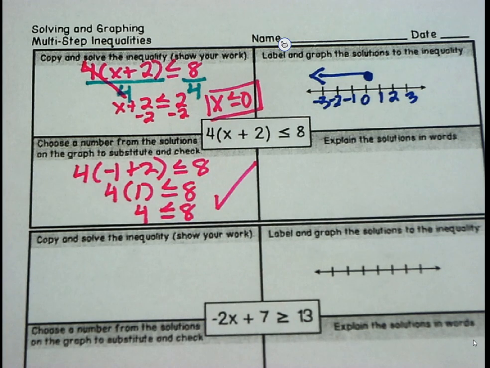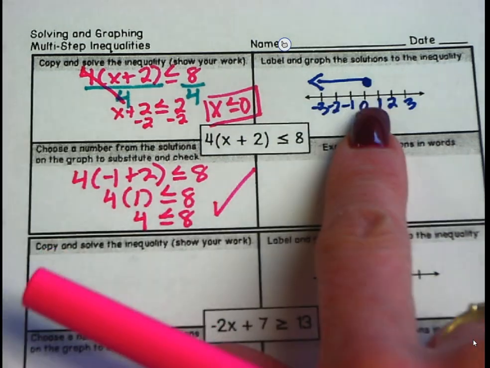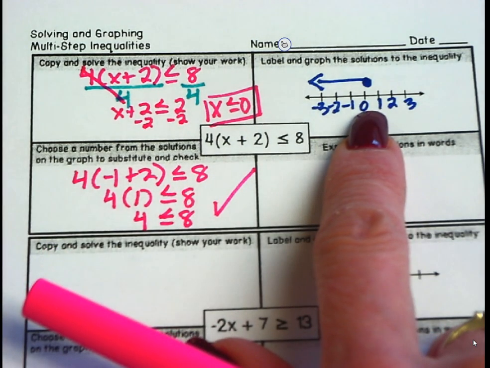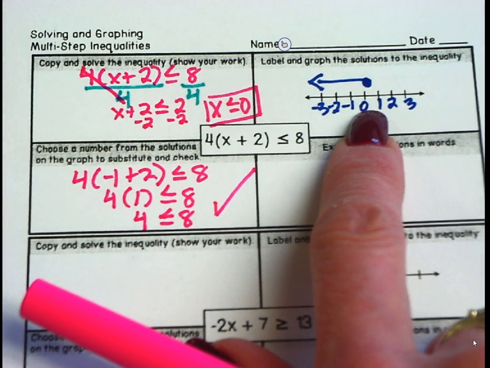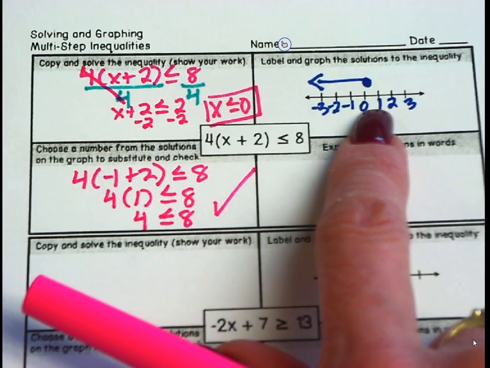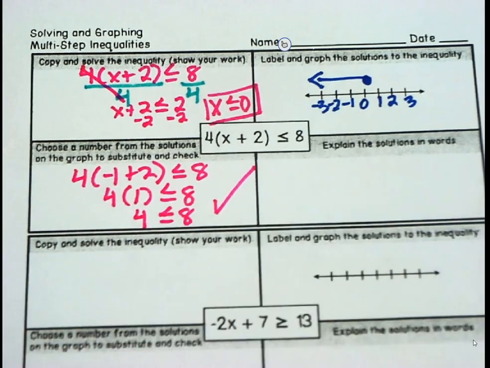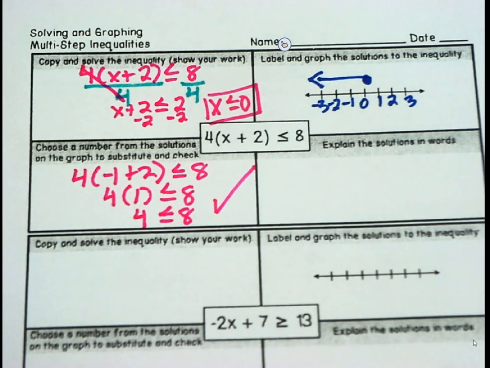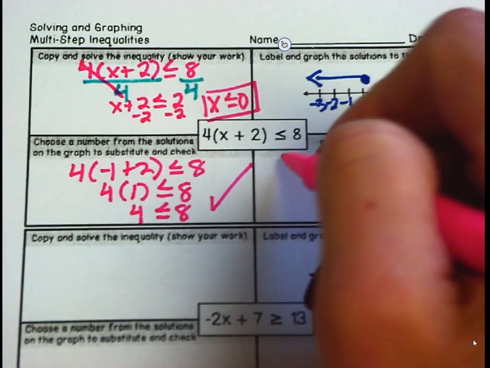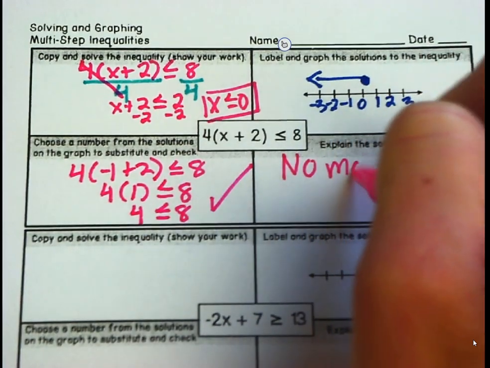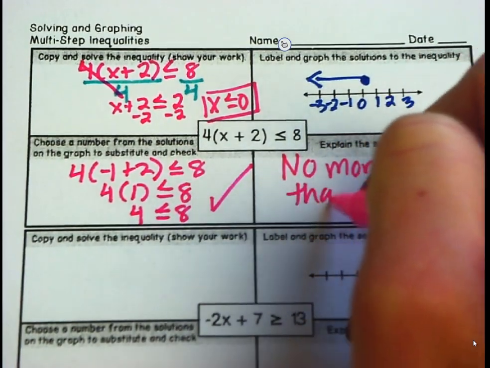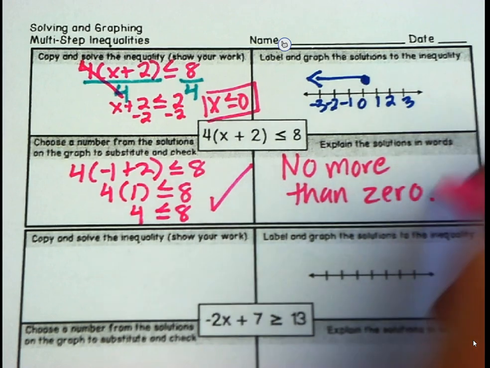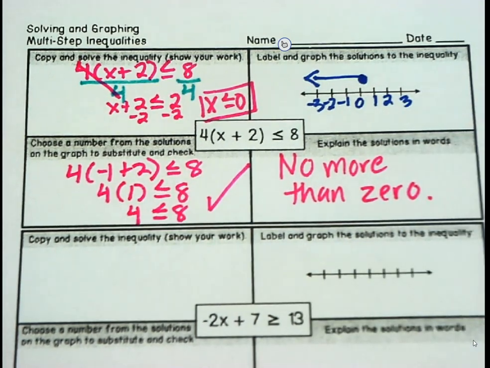Could you use no less than? No less than? Would that work? All numbers no less than 0? It should be no more than. Yes, good. So you would write no more than 0. So no more than 0 because it's less than.